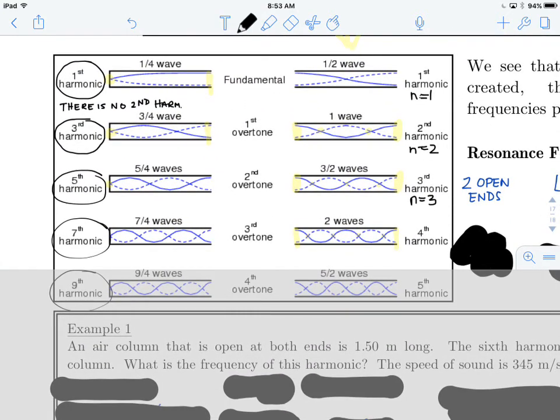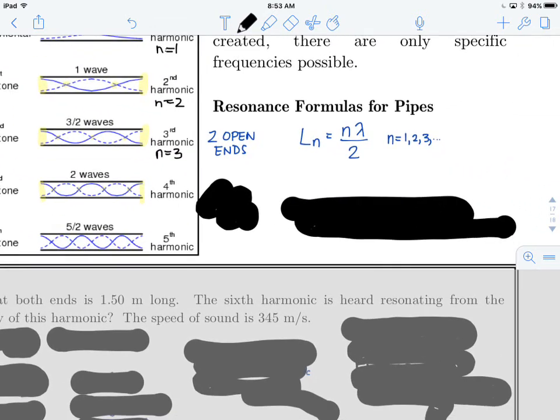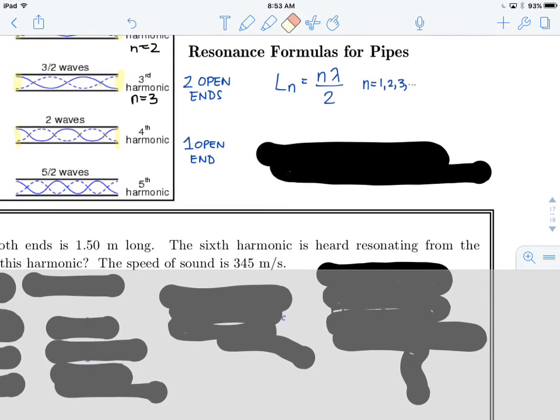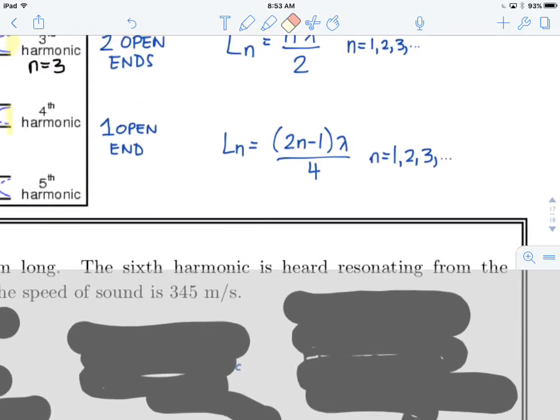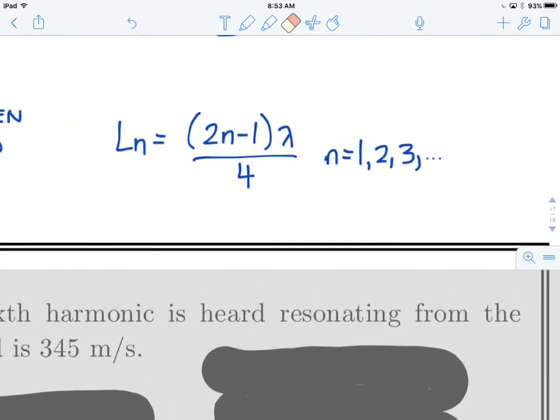So what we have then is a situation where for one open end and one closed end, we have a slightly different formula. The resonant length is equal to (2n minus 1) times lambda over 4. Again, n still goes from 1, 2, 3, 4, 5, 6, 7, and so on. So these are our resonant frequencies, corresponding to a resonant length.